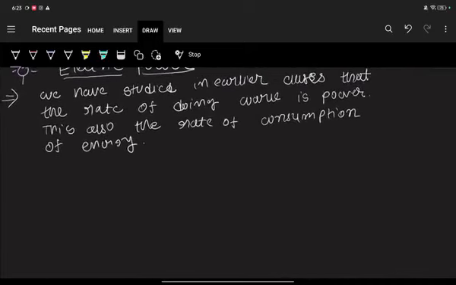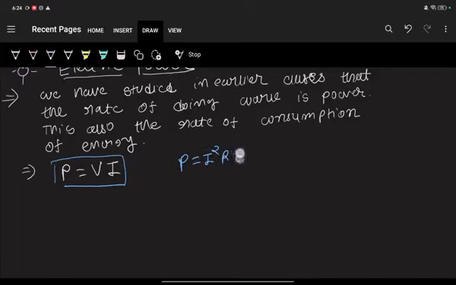Okay, so P is equal to VI. We have already discussed and derived this equation. And also it was P is equal to I square R, and this equation tells us the rate at which electric energy is dissipated, or consumed, in an electric circuit.